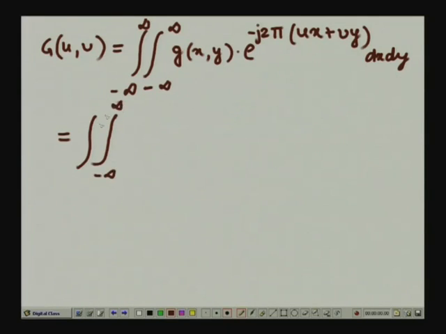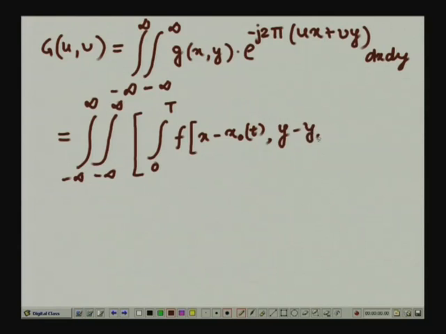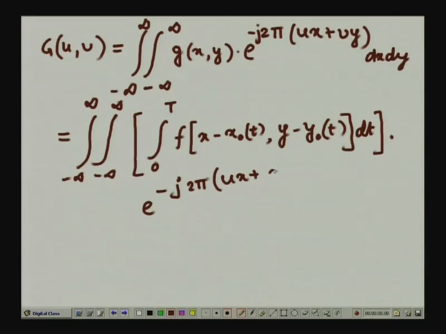If I derive this, it will be of this form: the double integral from minus infinity to infinity, where g(x,y) is replaced by the expression we got earlier, the integral from 0 to T of f(x minus x0(t), y minus y0(t)) dt, into e to the power minus j 2 pi (ux plus vy) dx dy.